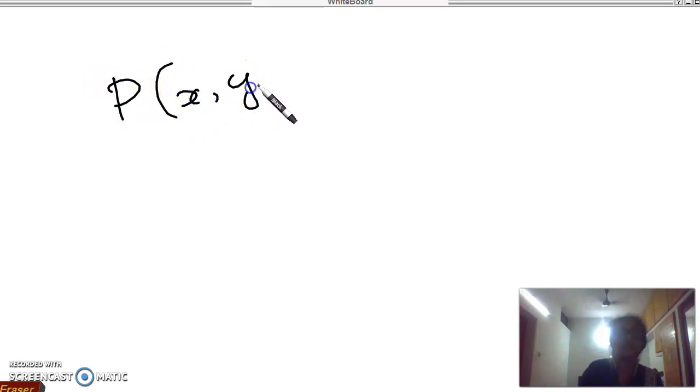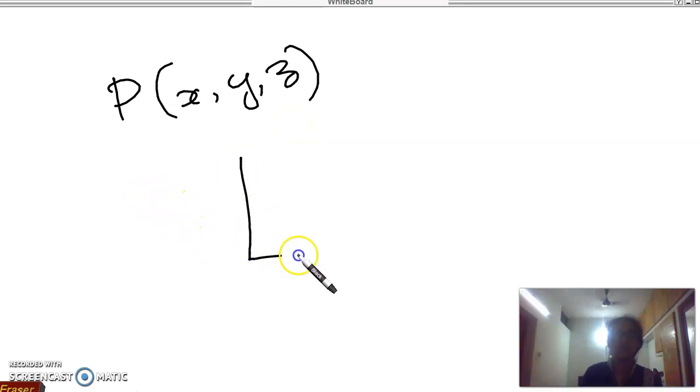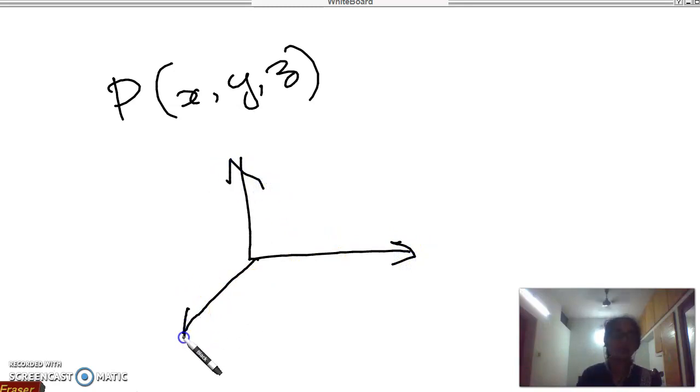For example, here let us see. A point in space. So consider this point P. This is a point which we represent in space like x, y, z. Okay, P is x, y, z. Now you have these three axes. Now this center is O. Now here you have P, x, y, z.